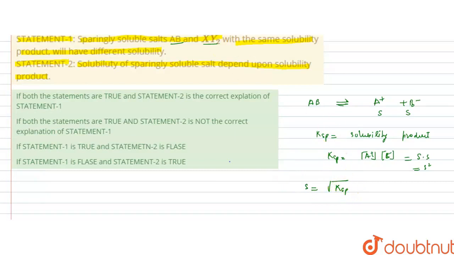Now if we find out the solubility for XY2, that salt will dissociate as X2 positive and 2Y negative. Now at time t equal to 0, its concentration is C and the products are 0, and if it dissociates by S amount, it will form S of X2 positive and 2S of Y negative.